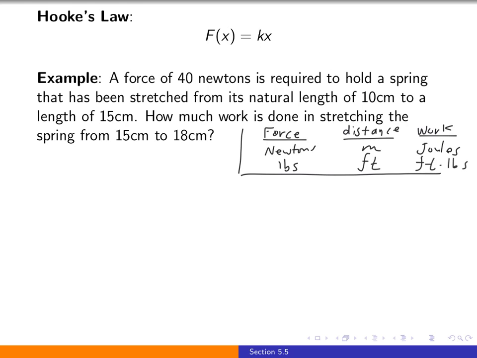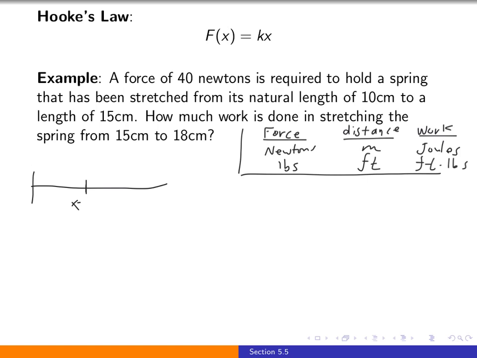So let's go ahead and think about what Hooke's law tells us. 40 newtons is required to hold a spring that has been stretched from its natural length of 10 centimeters to 15 centimeters. So we're thinking of 10 centimeters as corresponding to x equals 0. That's kind of our starting point.